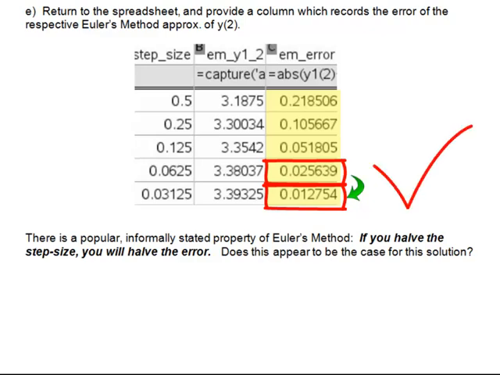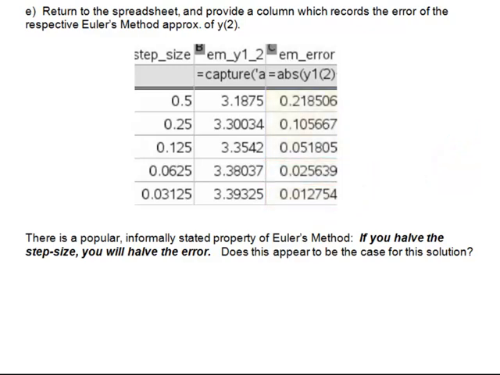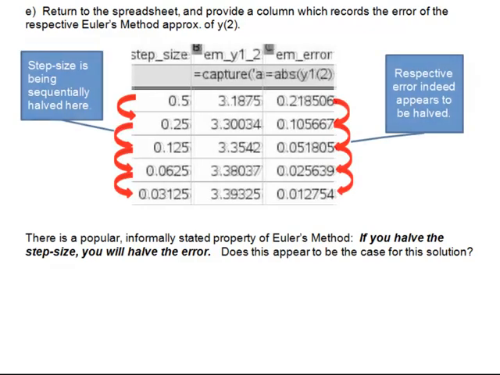So it looks like we have discovered or confirmed that that property seems to be working very well here for us. Let's make a note of that. So there we are, having documented our discovery as we sequentially halve the step size on the left, the corresponding error on the right column indeed appears to be halved as well. Looks good.